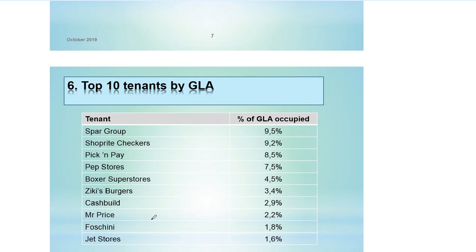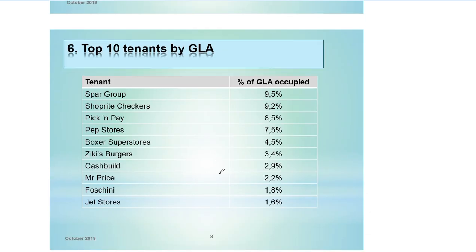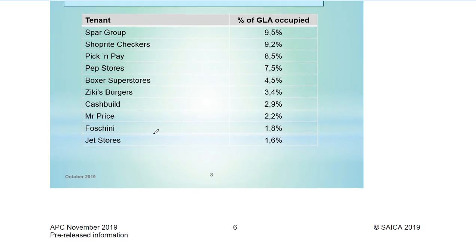And then they have Cashbuild and Boxer, which are also shops where you normally find buyers who are lower earners or lower middle class or even lower. So that's the information you've been provided here. There's nothing much you can consume from this except that it gives you more information in terms of the clients they have, or the people that are renting from them.